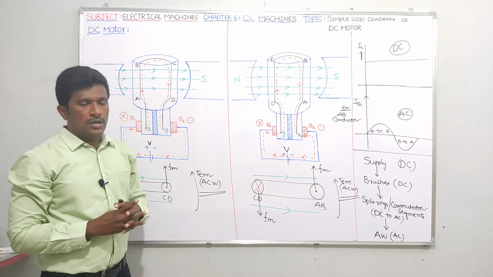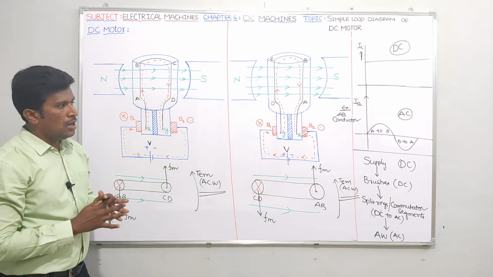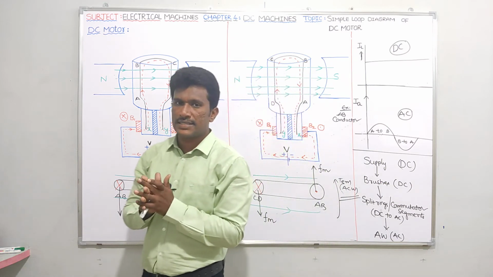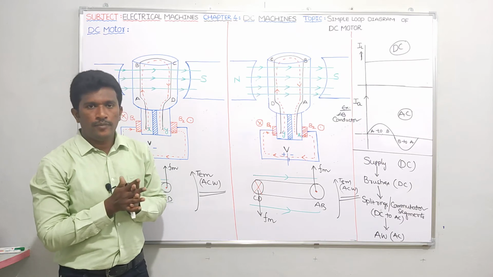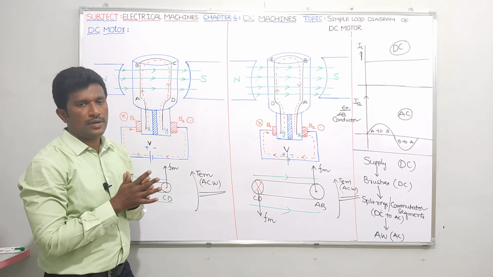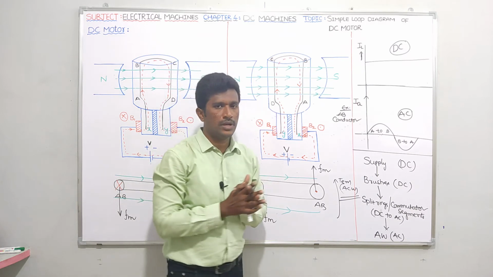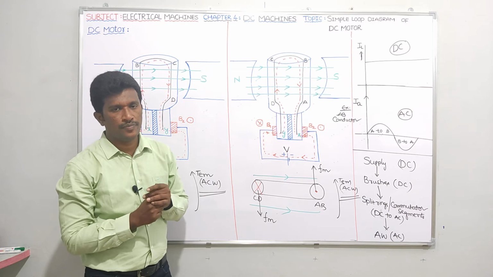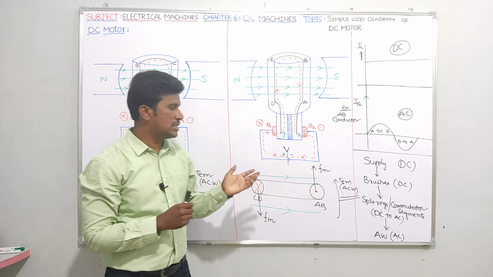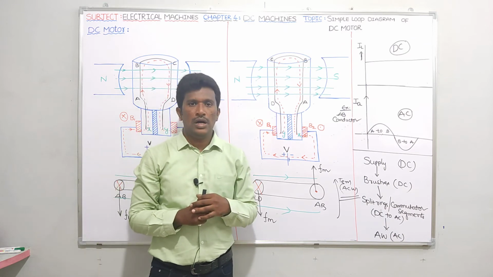Note: in a DC motor, the commutator acts as a mechanically rotating inverter, because it converts DC supply to AC, and AC is given to the armature winding.